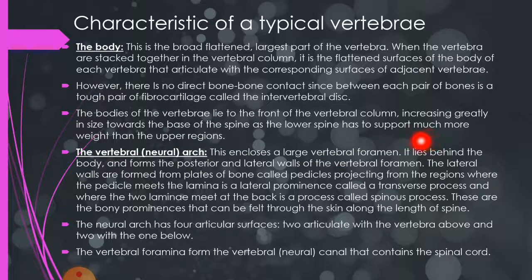So there are region-specific changes, and the body adapts according to the region. It will be larger in the lumbar region as compared to the thoracic and cervical regions, and larger in the thoracic region as compared to the cervical region, because the lumbar region is the most weight-bearing part of your vertebral column.